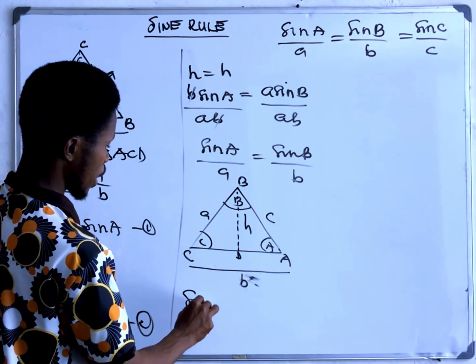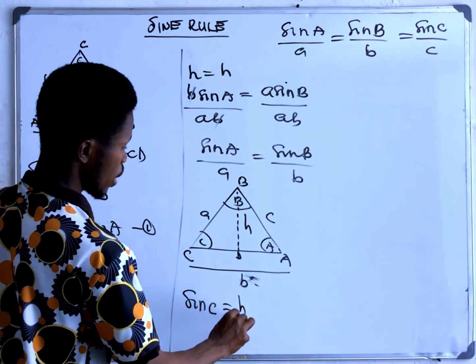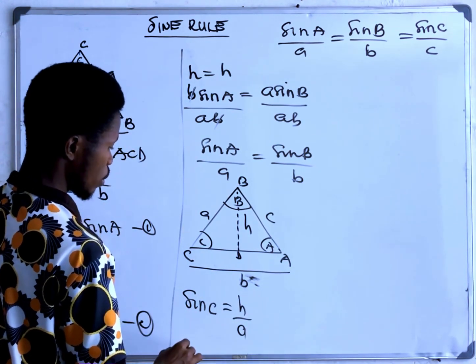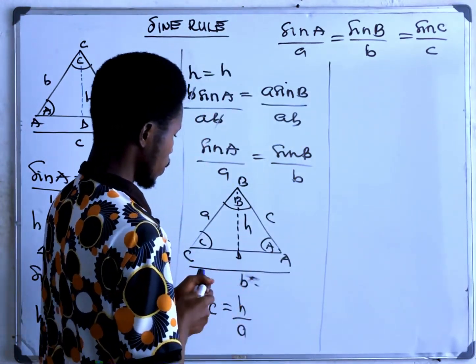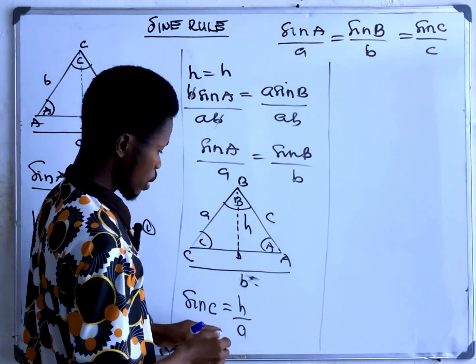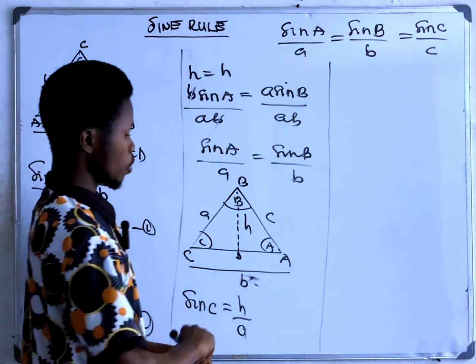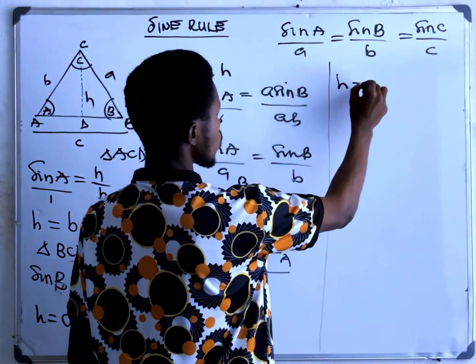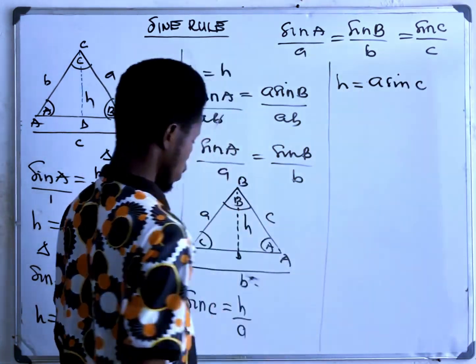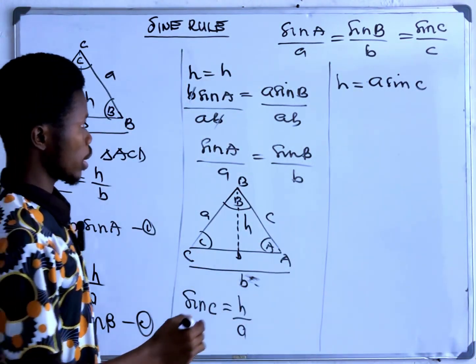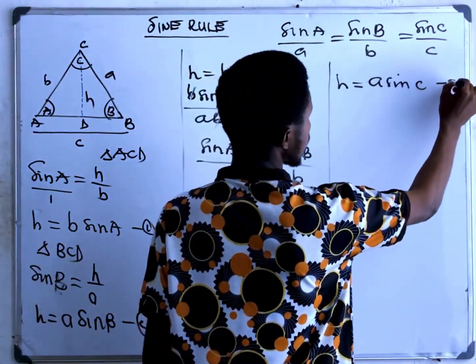If I take sine C, that will be h over a. So let's see. If I make h the subject here, I'm going to have h equal to a sine C. Is that okay? Let's name it equation 3.